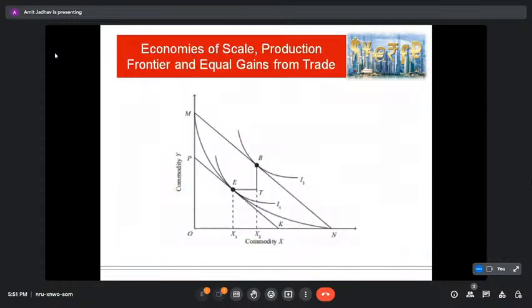Afterwards, they are able to trade, with economies of scale and an equal gain from trade. So at the domestic level, the producer in these countries can produce the X and Y commodities.